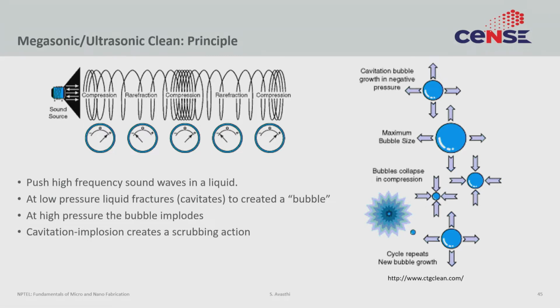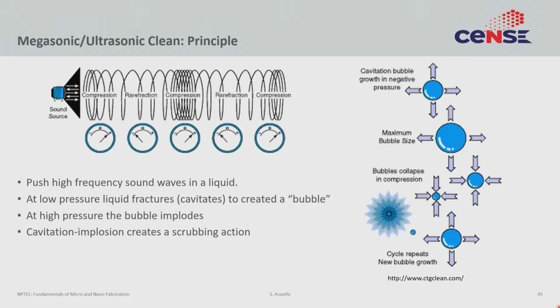So, the first advanced concept I would like to highlight is megasonic and ultrasonic clean. If you notice, till now we have only been using chemical energy to do the clean, because particles and contamination are so much harder to remove mechanically. However, as a secondary effect, mechanical energy can be useful. It would be nice to have some sort of scrubbing action that would further help in removal of particles from the surface.